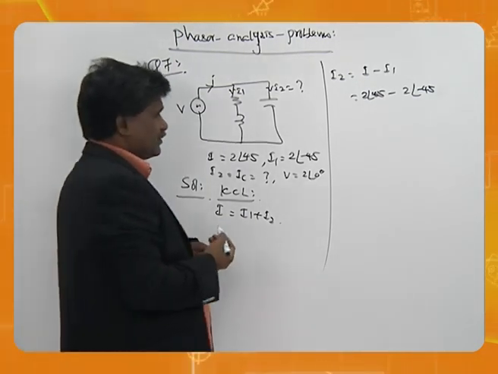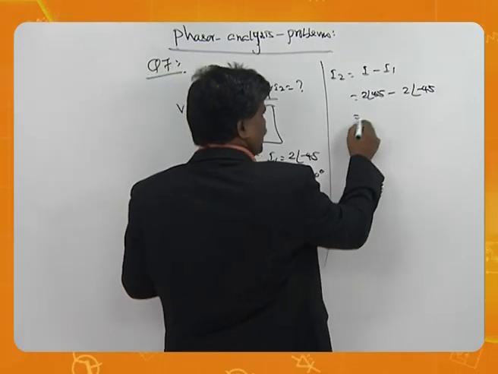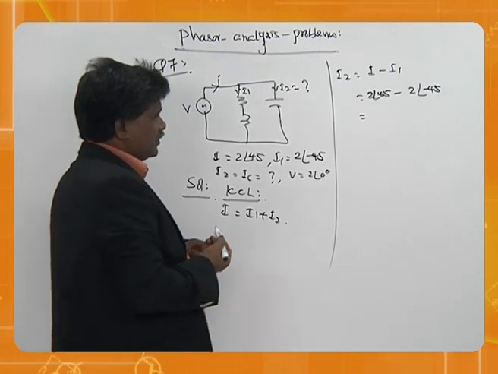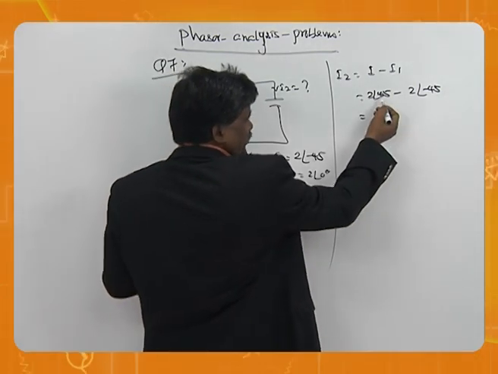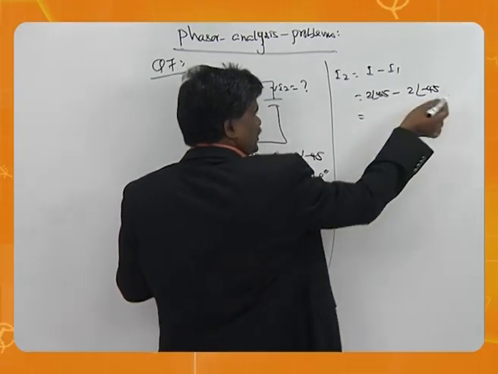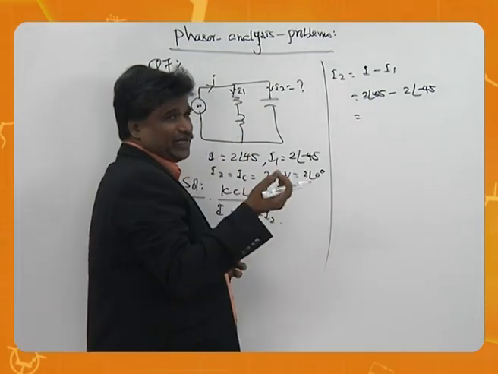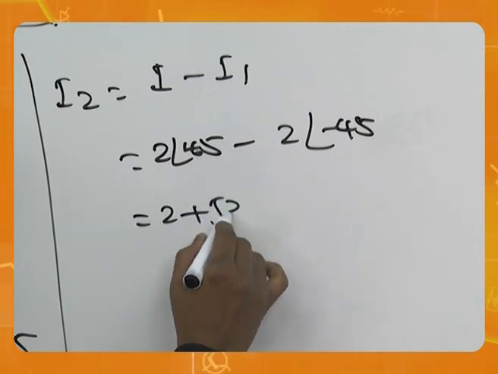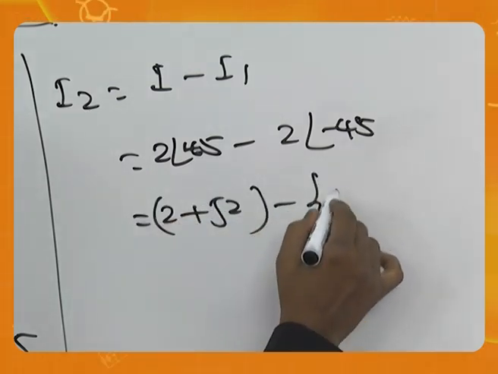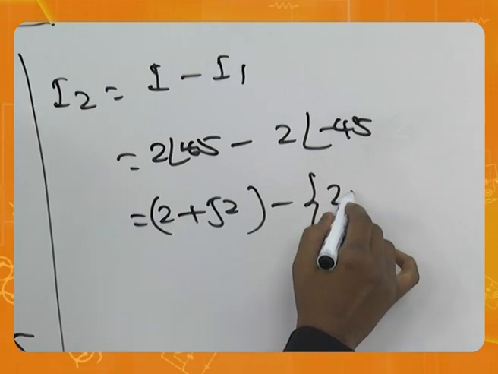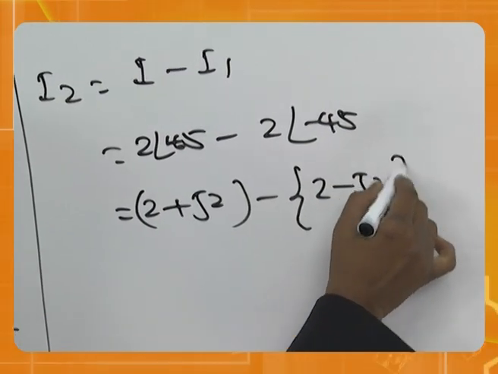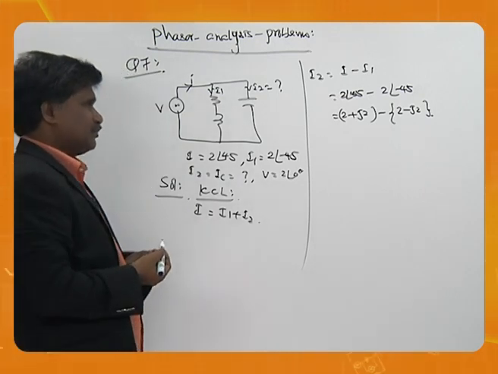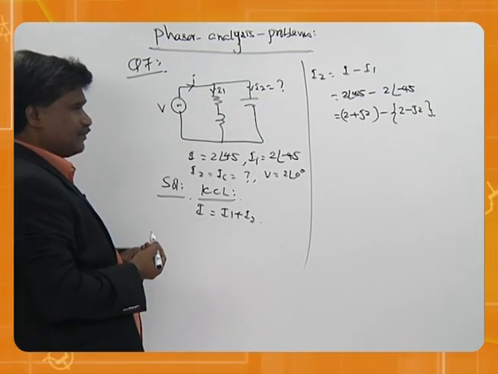How do you convert this value? Because when you say polar form, you can't say convert into rectangle directly. Angle means 45. So you can say this as 2 plus j2 minus 2 minus j2.